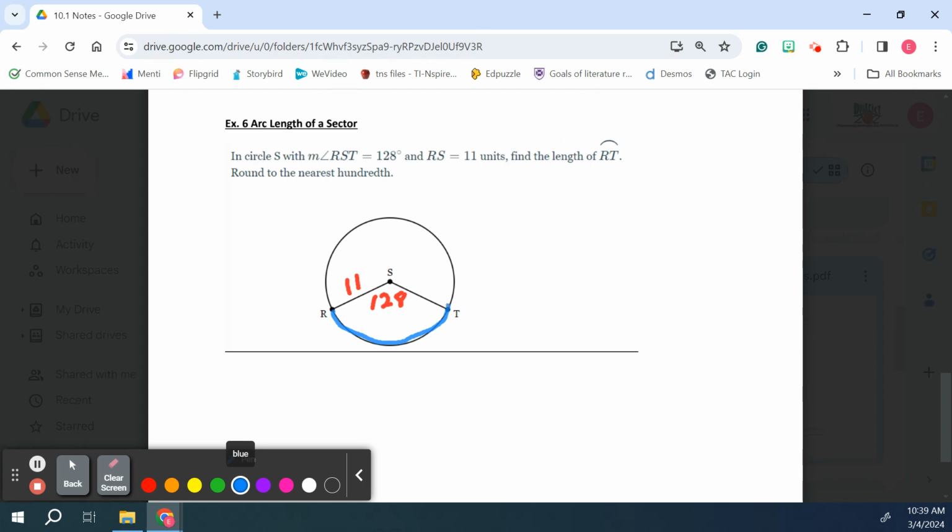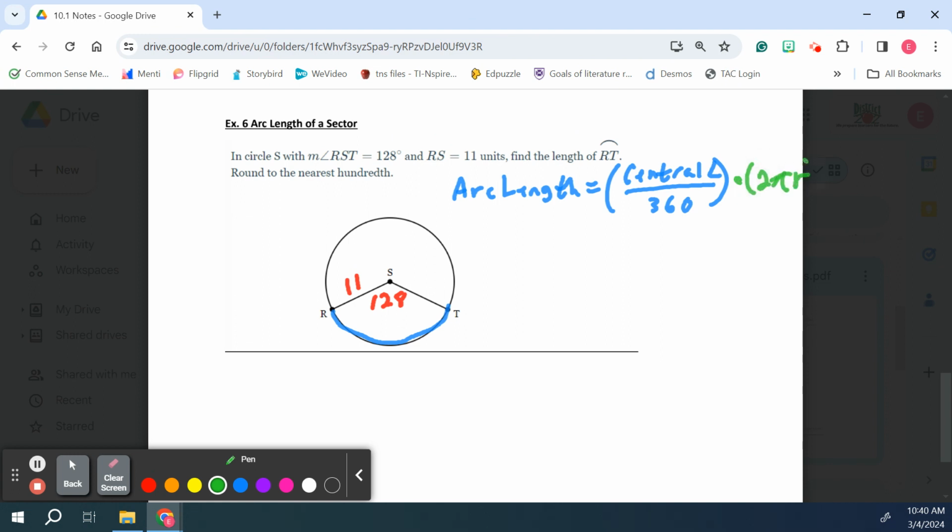All right, so again, we're going to find arc length. The formula is the central angle divided by 360, very similar to what we did before. But now I'm going to multiply this by circumference, which is 2 pi times the radius, or you could use pi times diameter. It really does depend on what you got.